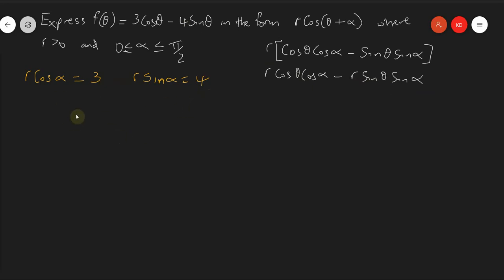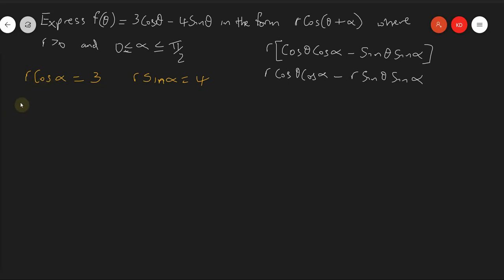Okay, so now in order to find r, what we can do is just square both sides of here and square both sides of there. So let's do that.